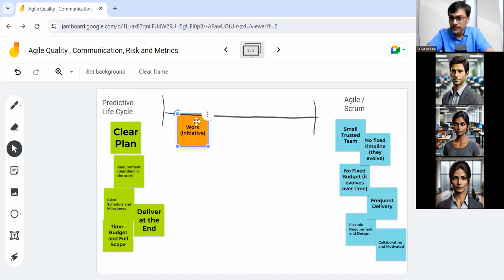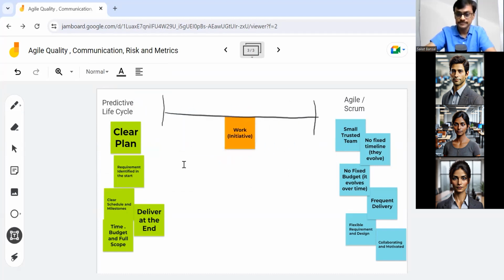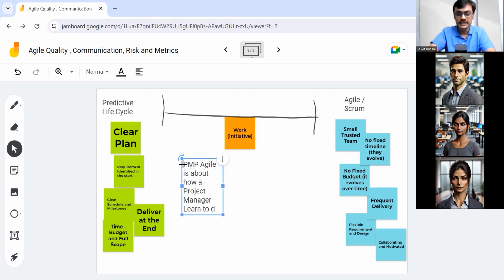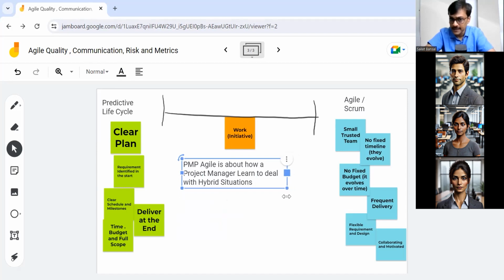So our project management way of working, or I would say the PMP Agile, is about how a project manager learns to deal with hybrid situations. That is the focus of the PMP exam.